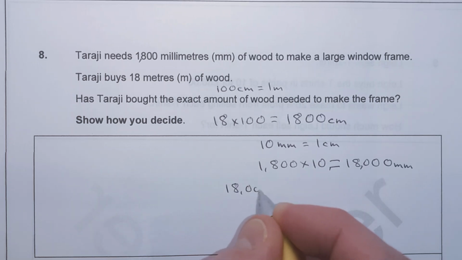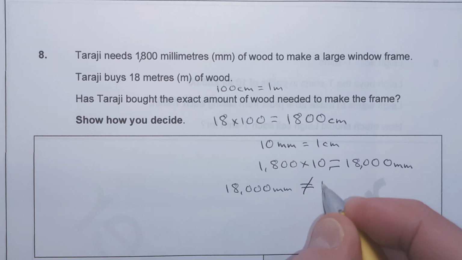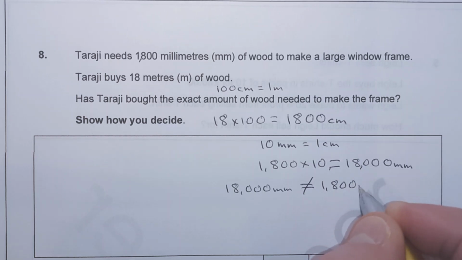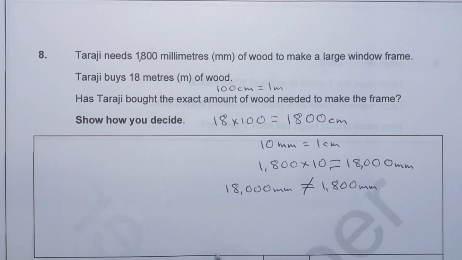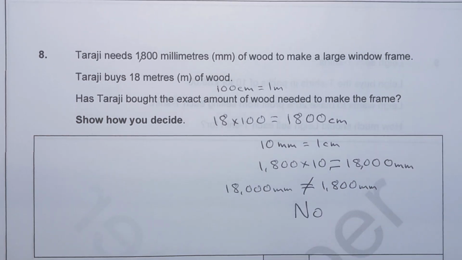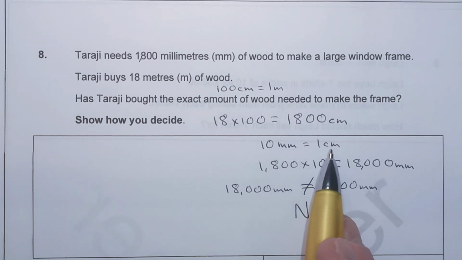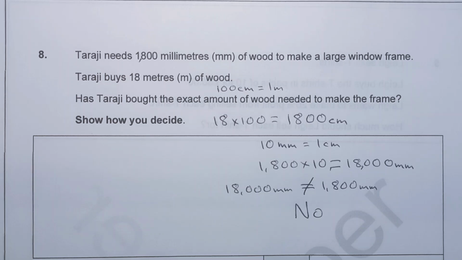Well, 18,000 millimeters is not equal to 1,800 millimeters. So has Taraji bought the exact amount of wood needed to make the frame? No, they haven't. So they've probably got something wrong with their conversion, probably forgotten to do the centimetres to millimetre step.